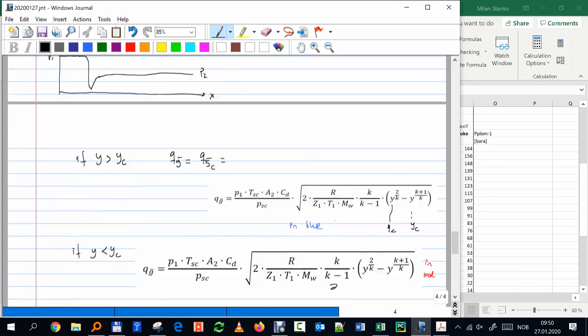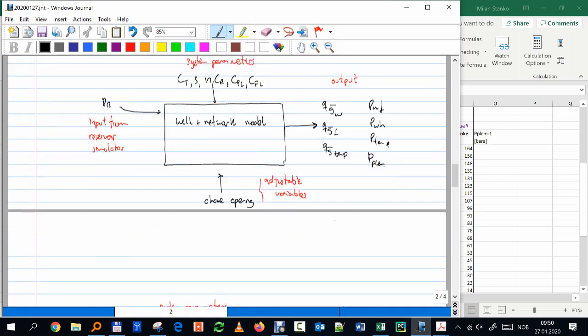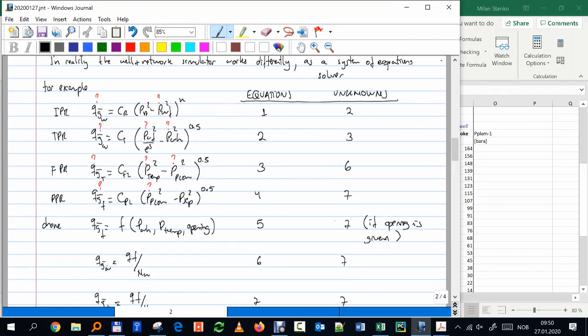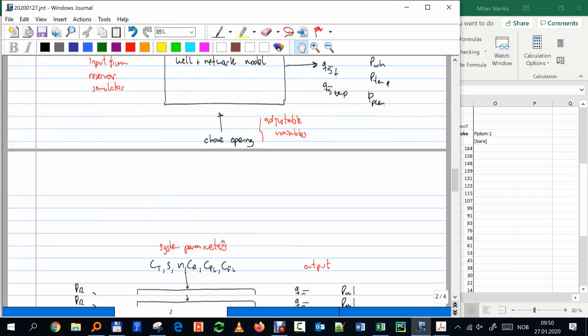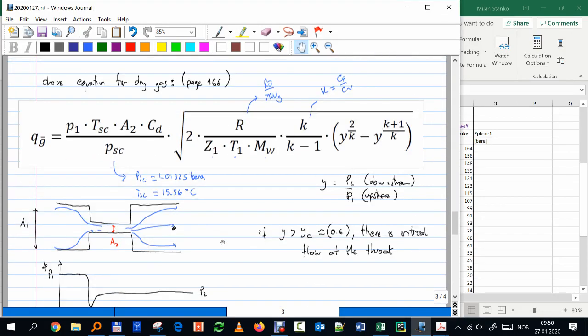So I need to have these two equations with that if, depending on the delta P, and then I have to solve the system of equations, and I also have to give a choke opening. So where is the opening in this equation? How do I represent the opening?